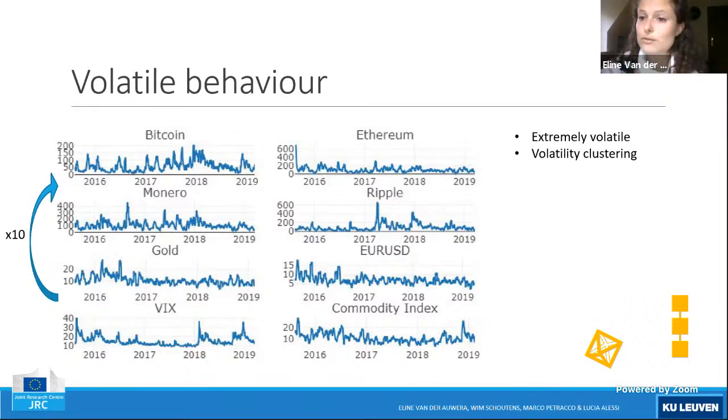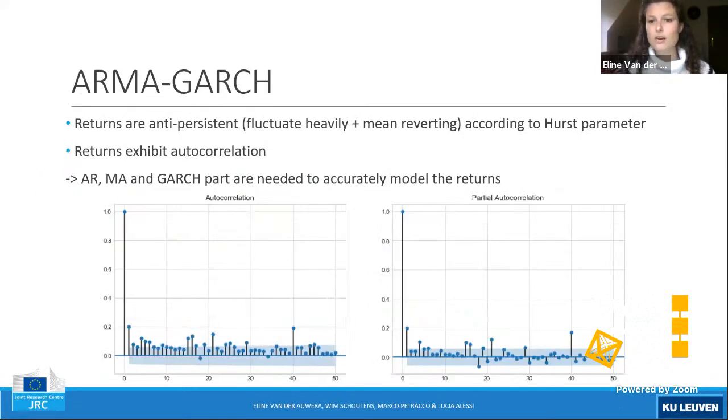Then to investigate this behavior a little bit further, we used the long-run dependency with the Hurst parameter as an estimate of this. And we found that cryptocurrencies are also mean reverting, and they fluctuate heavily, as I mentioned before. These two characteristics together are called anti-persistent behavior.